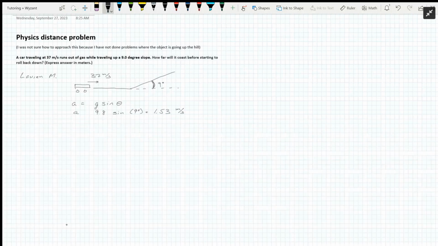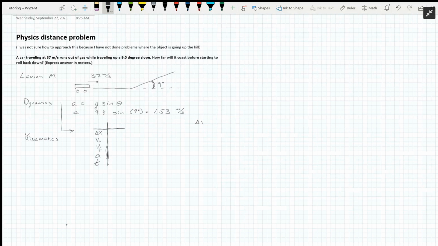Now, once I've done this, I've got the acceleration. Now I can go to kinematics. This is dynamics, forces. This is kinematics, motion. In kinematics, hopefully your teacher has taught you that there are some formulas that contain delta x, v naught, vf, a, and t. Those formulas are usually given, or you can memorize them.